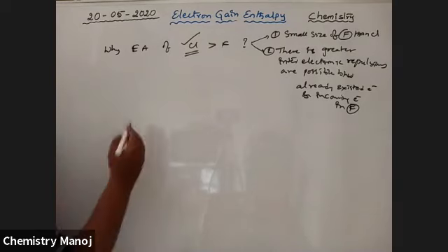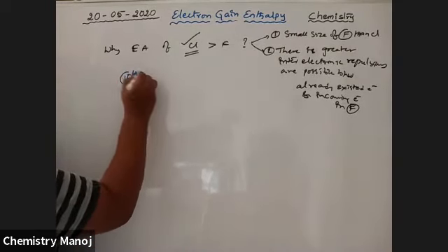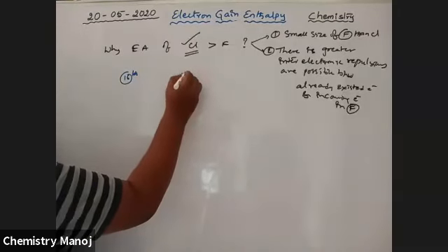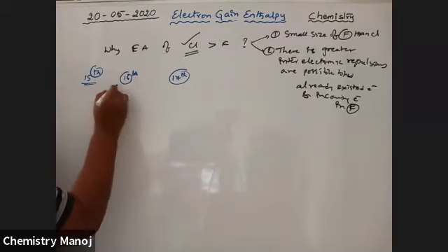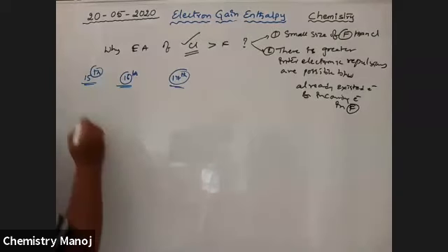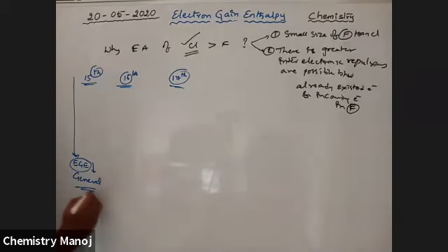Here I am going to explain the 16th group and 17th group, and at the same time the 15th group. Generally, in a group from top to bottom, the electron gain enthalpy decreases. It is the general case.